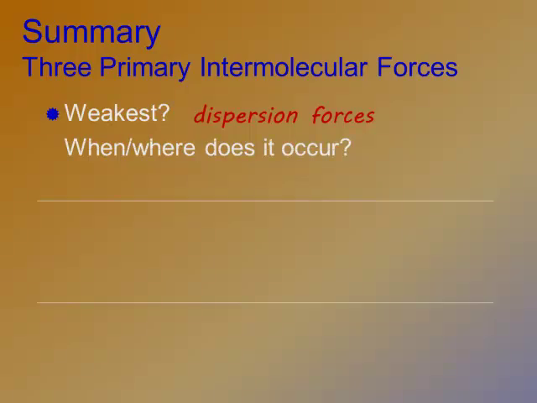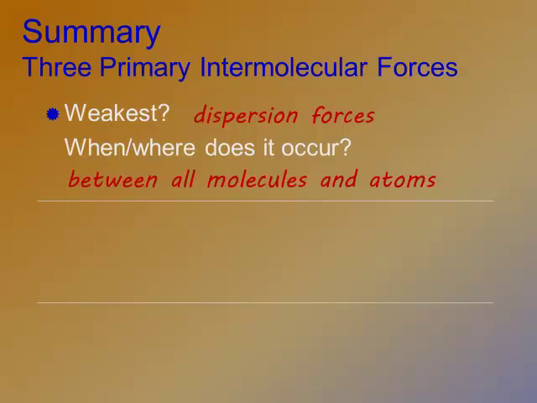Let's summarize the three intermolecular forces we've talked about. Which type of IMF is typically weakest? Dispersion forces. Where can dispersion forces come to exist? Dispersion forces exist between any molecules or atoms that have electrons.